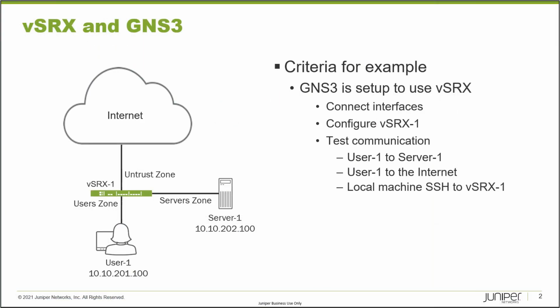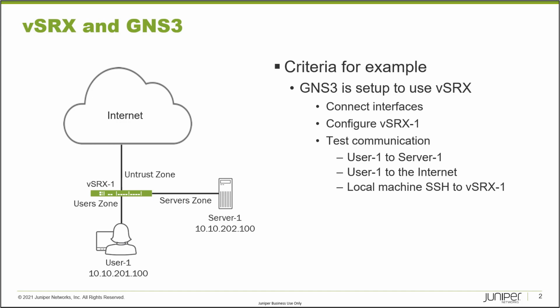All right, so here is our topology. Let's go over our devices real quick. In here we have vSRX1, and that connects to the users zone. We have user 1 at the 10.10.201.100 IP address, and then it connects to server 1 in the servers zone, and server 1 has an IP address of 10.10.202.100.